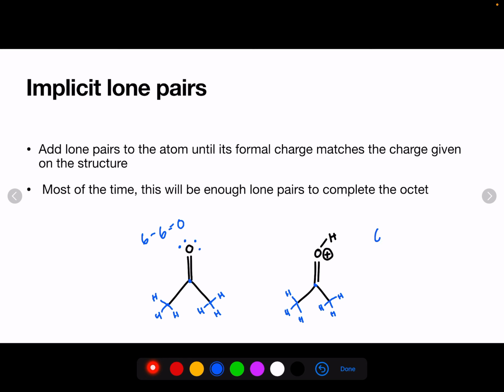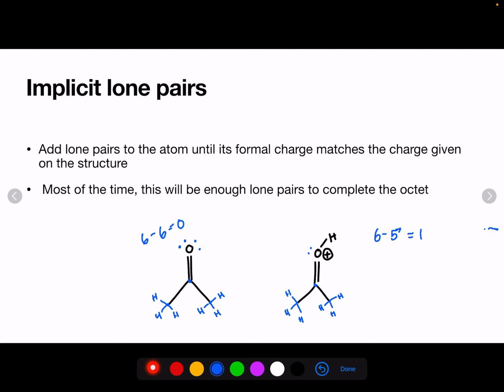So if we know that oxygen has 6 valence electrons, if we want the formal charge to be 1, we're going to have 5 dots and lines around the atom. So we're already at 3 bonds, so we have 3 lines around the oxygen. So we're simply going to need to add 1 lone pair to make it 5 total lines and dots.